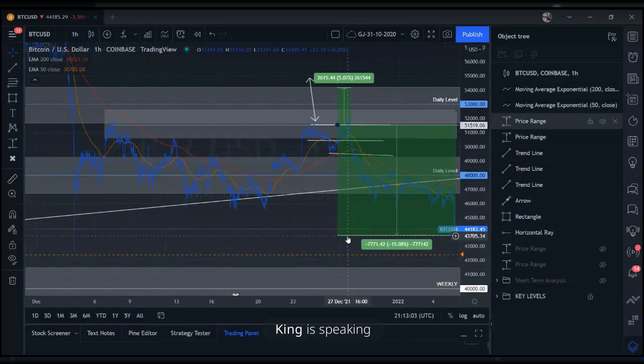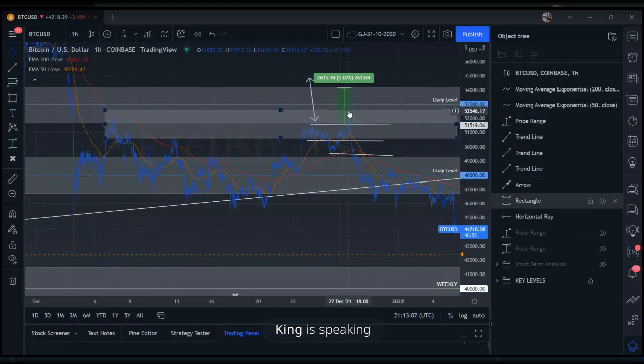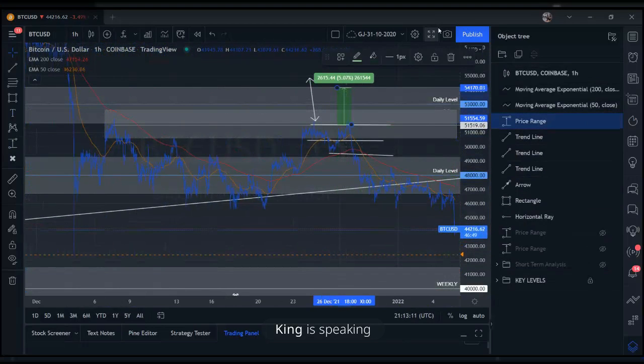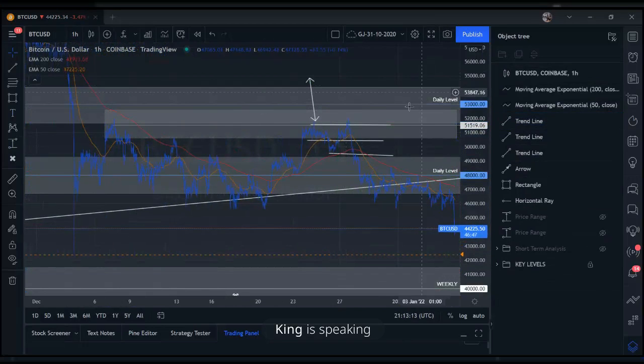So let's see if we can apply the same logic to another area in price.